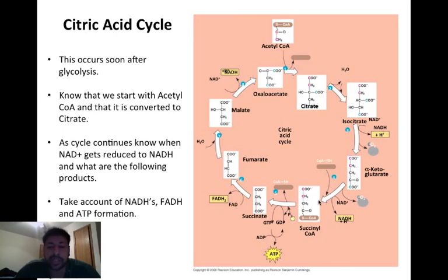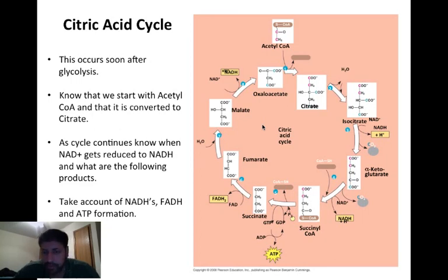Alpha-ketoglutarate to succinyl-CoA, or to succinate. And then succinate to fumarate to malate to oxaloacetate. So know the order of this process. Okay, so we go citrate, isocitrate, alpha-ketoglutarate, succinyl-CoA, succinate, fumarate, malate, oxaloacetate.